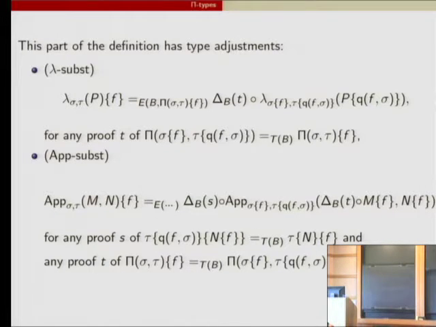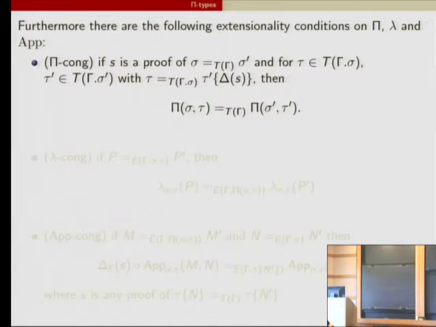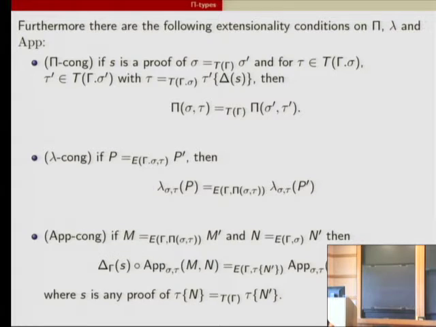But this is what you get when you look at the typing judgments. Okay. So one should also have extensionality conditions on the types, and they look like this. And also even here, the coercions enter.